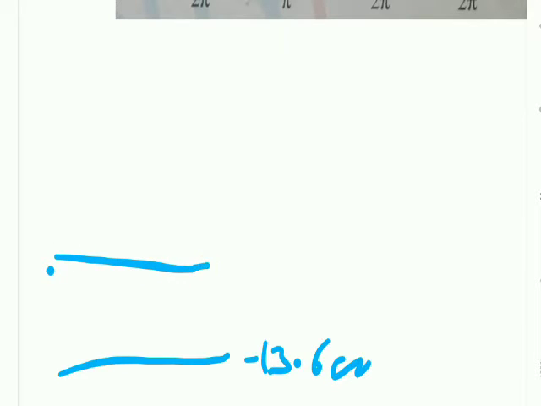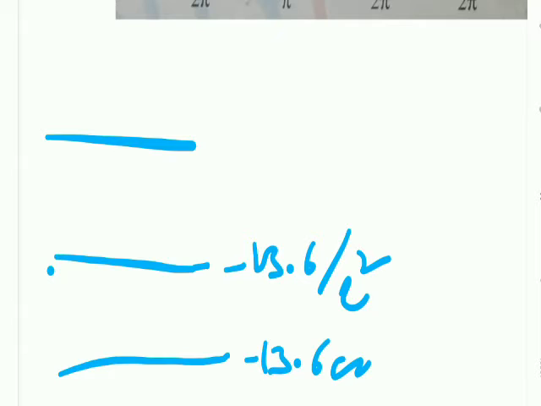In the first excited state, the second orbit, the energy level is minus 13.6 by 2 square, and in the third state minus 13.6 by 3 square.